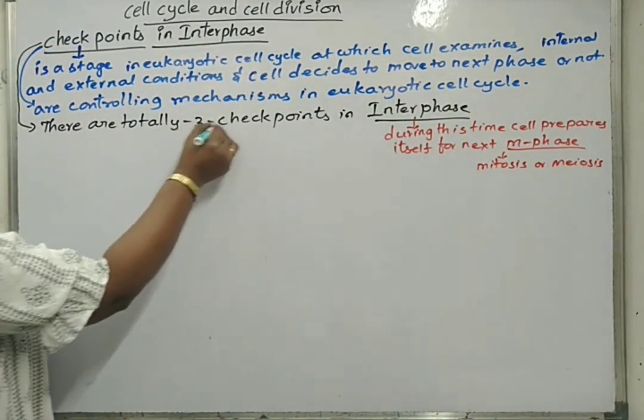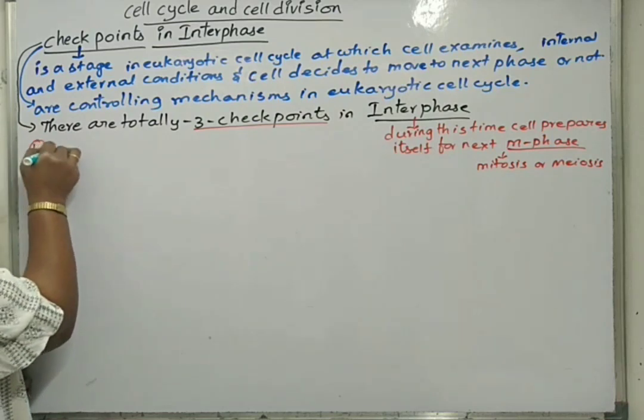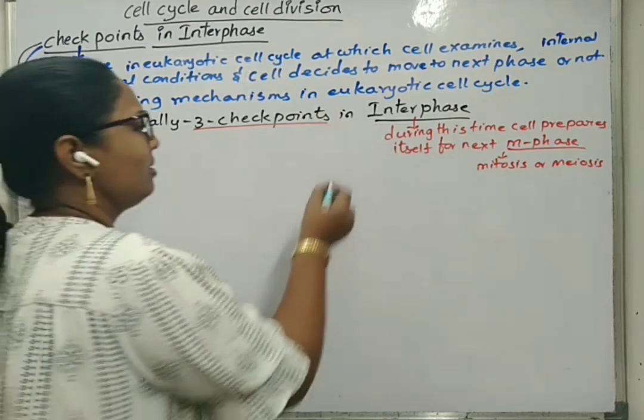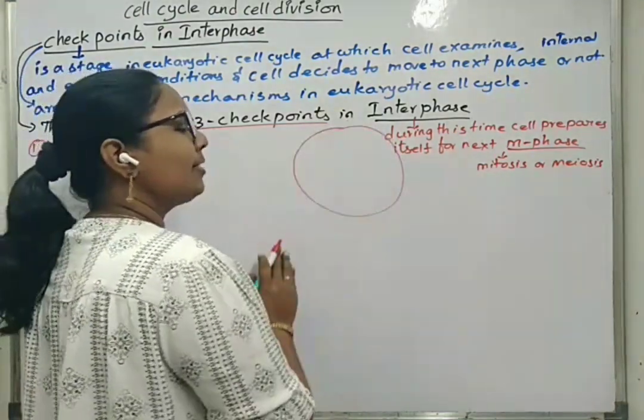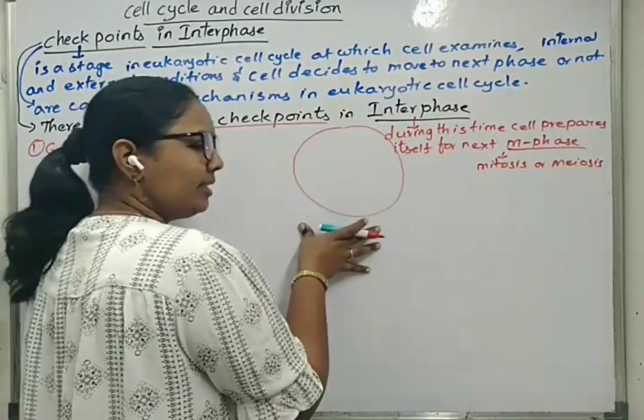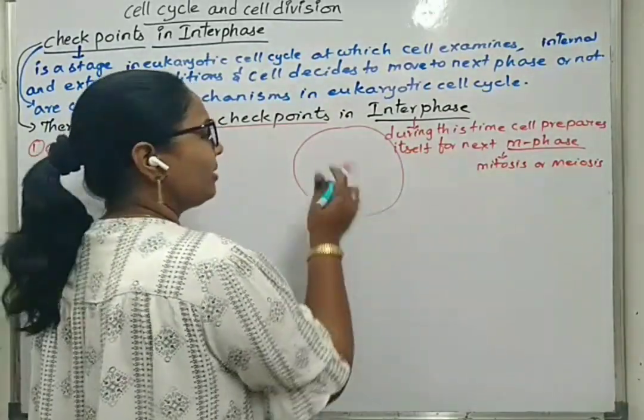We have said 3 checkpoints. First one is the G1 S checkpoint. If this is the interphase time period, I have drawn a circle, it doesn't mean that it is rotating, I am just indicating it as a time period.